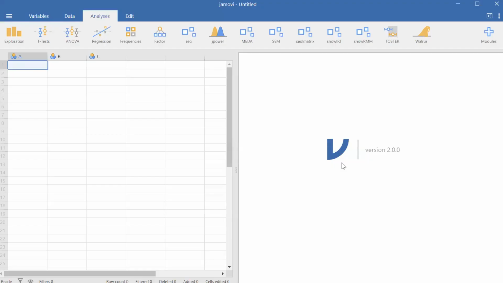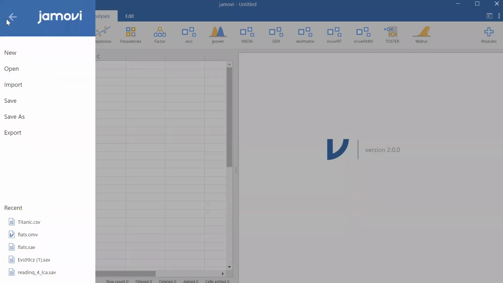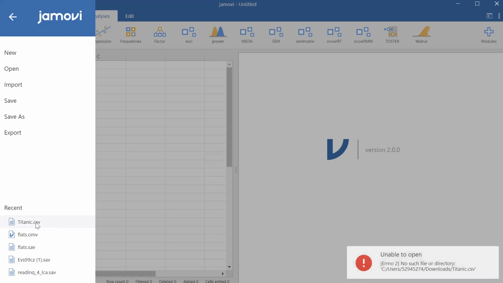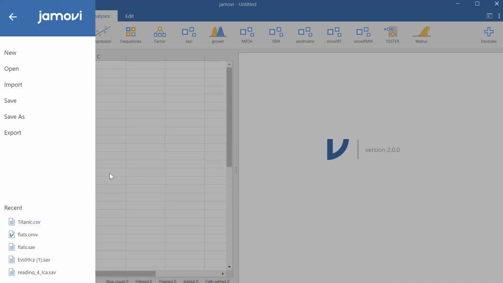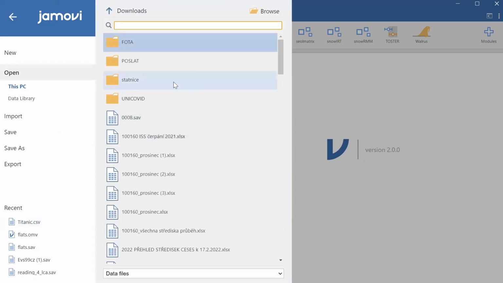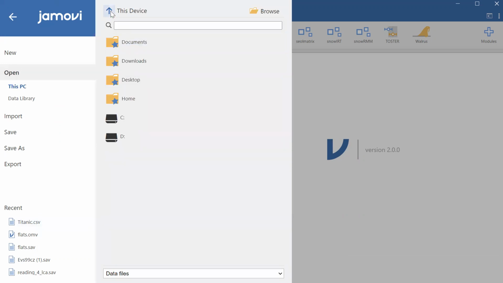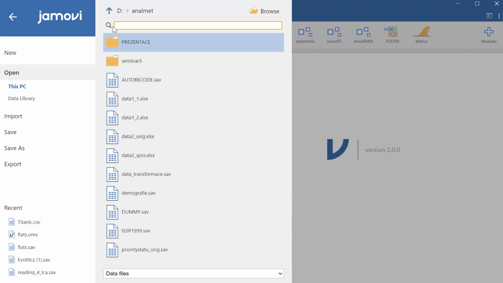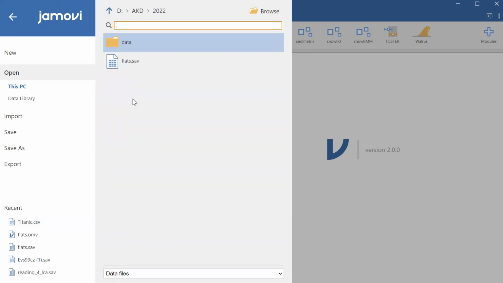And in Jamovi, we will open the Titanic CSV data file. So I will try to find it. You can click into open and find the file, as I have it opened from yesterday, so I can take only Titanic. Oh, it cannot be found, so I will try to find it once again. So I would need to find a way, so not in downloads, but disk T. The course of advanced data analysis.